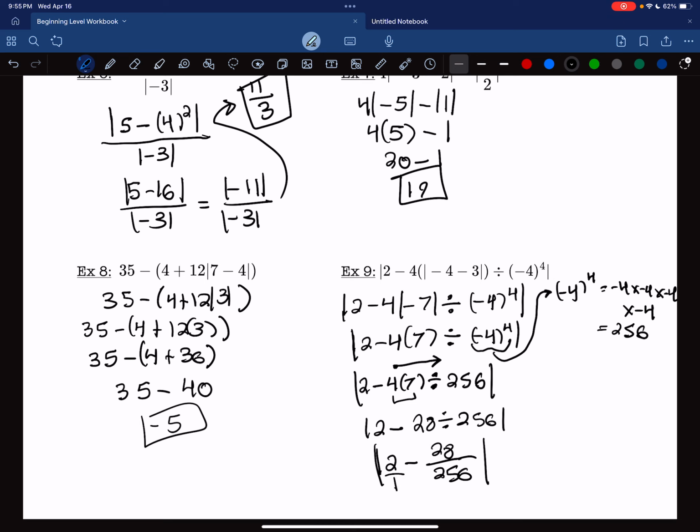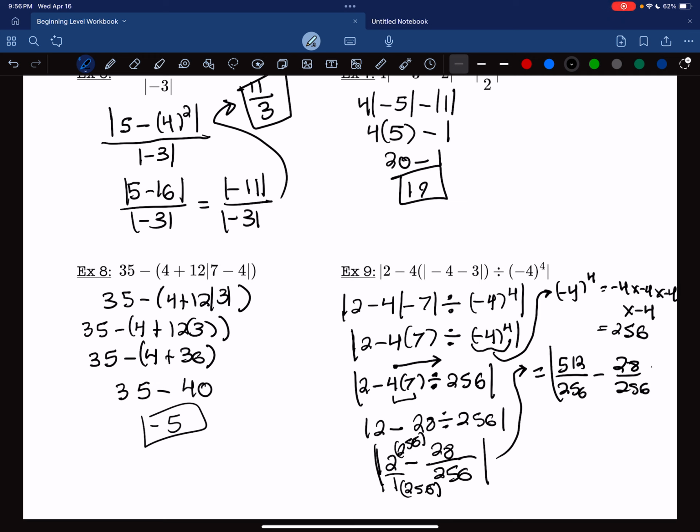So I'm going to put this 2 over 1, and then I'm going to multiply the denominator and numerator by 256. So what we'll get is 2 times 256 is 512. I'm going to put that over 256. Then we're going to subtract 28 over 256.